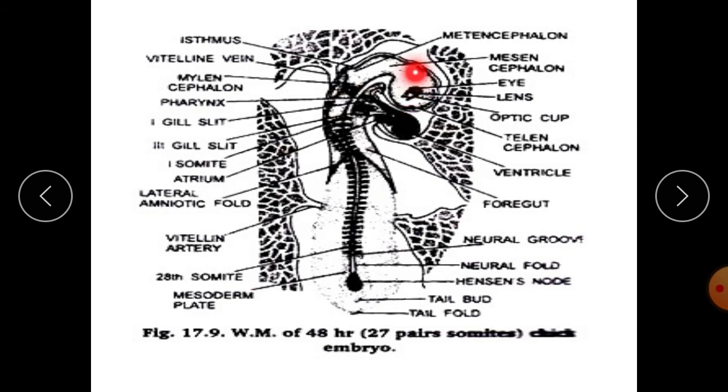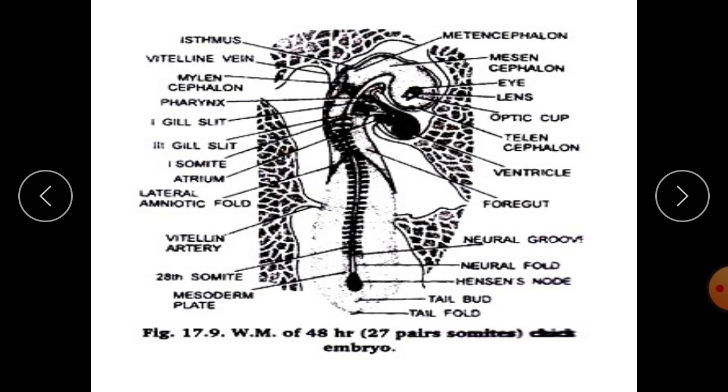Okay, this is the embryo of a chick at 48 hours incubation. At 48 hours incubation, the chick embryo would be like this. Primitive streak is reduced, disappeared. Heart is developed. Eyes are developed. Brain is developed.